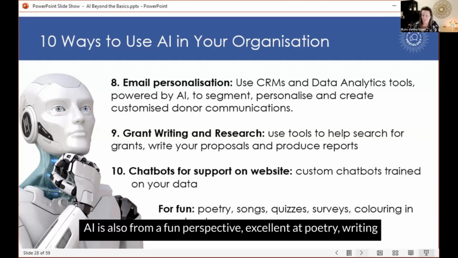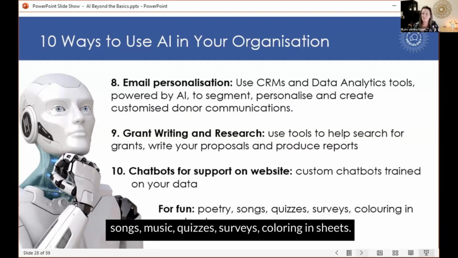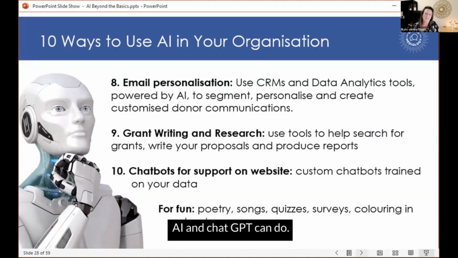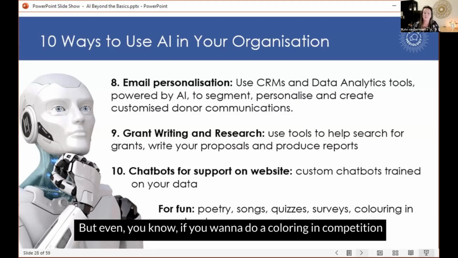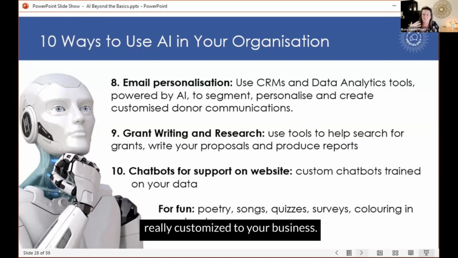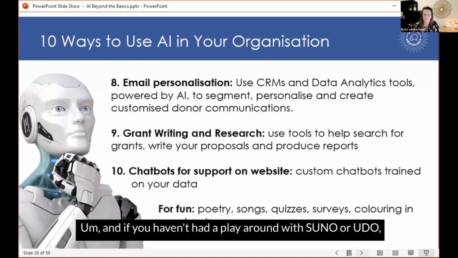AI is also, from a fun perspective, excellent at poetry, writing songs, music, quizzes, surveys, colouring in sheets. I've done some amazing stuff with teachers around what AI and ChatGPT can do. Even if you want to do a colouring in competition for your business, you can create a colouring in sheet that is really customised to your business.